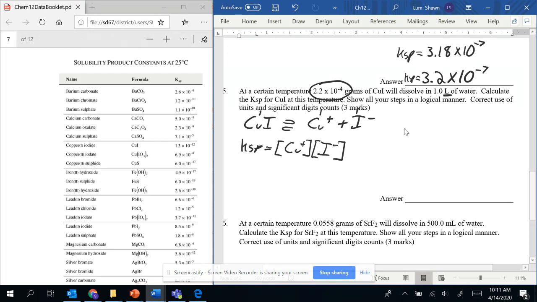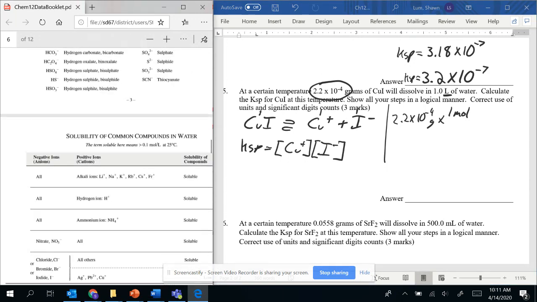So I'm going to do some regular stoichiometry. I'm just going to write my little divider right here and go 2.2 times 10 to the minus 4 grams of CuI. And so now I'm going to look up the molar mass of CuI.